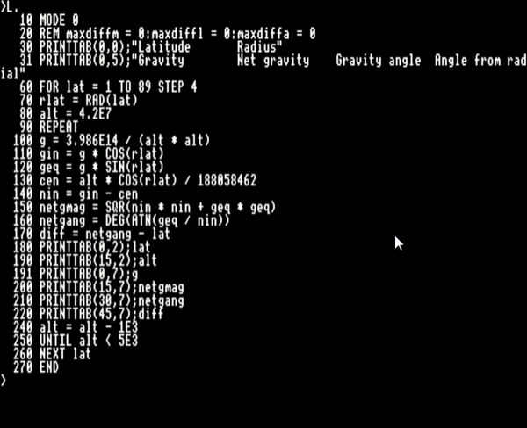The actual calculation there is that the centripetal acceleration is the square of the velocity divided by the radius of the circle. Square of the linear velocity, that is, divided by the radius of the circle. The linear velocity is the circumference of the circle divided by the time it takes to go around it. The circumference of a circle is 2 pi r.